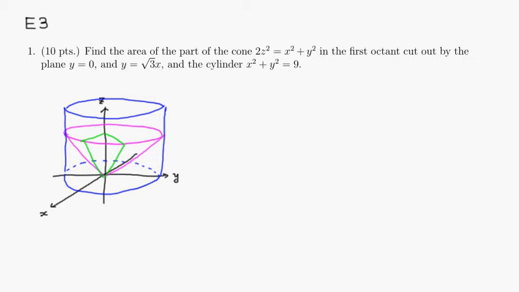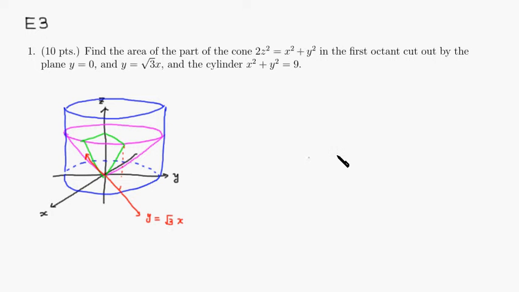If you project that down to here, you're going to have a straight line here, which has equation y equals square root of 3x.